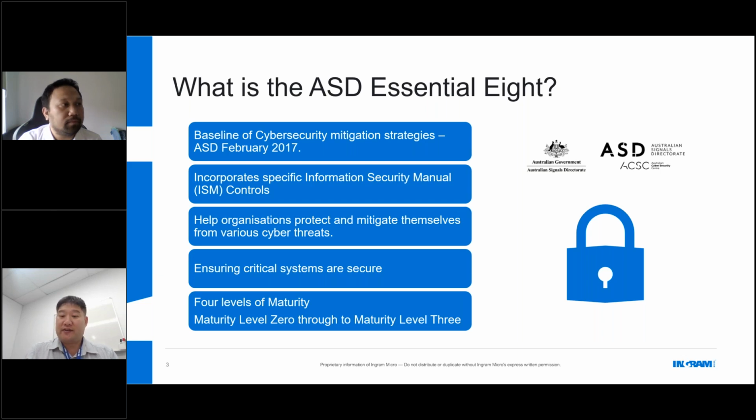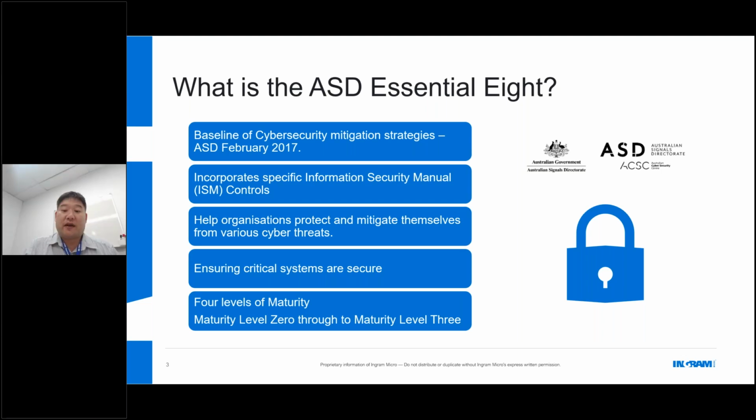The advantage of the guidance is that it is customisable to each organisation based on their risk profile and the threats that they are most concerned about. Basically, the ASD Essential 8 is looking at ensuring that your critical information systems are secure while safeguarding the organisation's reputation and essential resources.